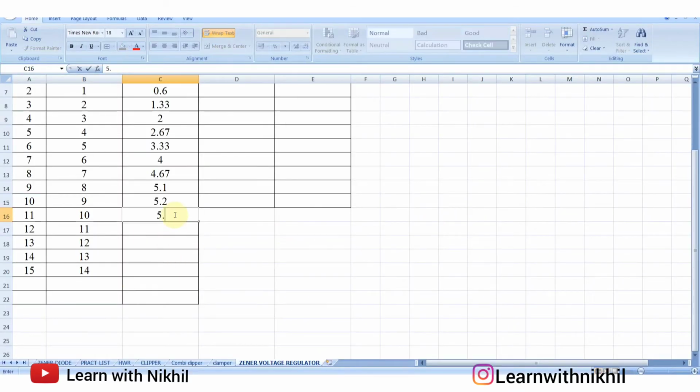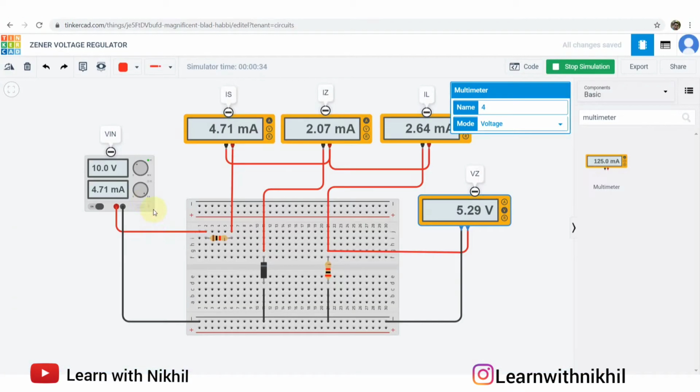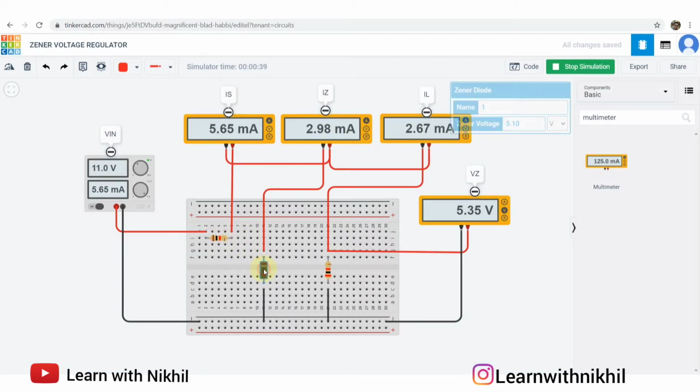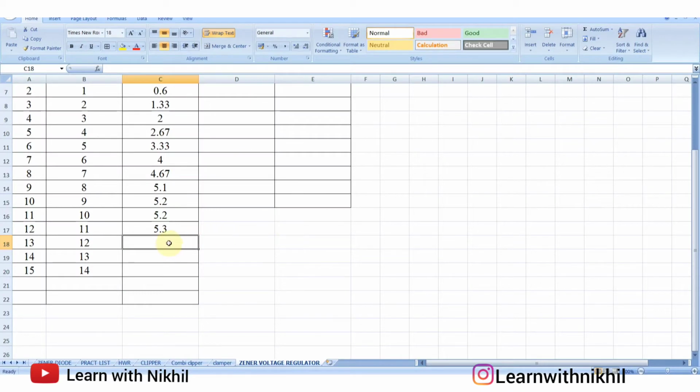So I'll just write 5.2. When this is 11, this is 5.3. It is increasing very lightly. It is between this 5 volts only, as the Zener voltage is 5.1. We have considered the Zener voltage as 5.1. Then 12, this is 5.4.